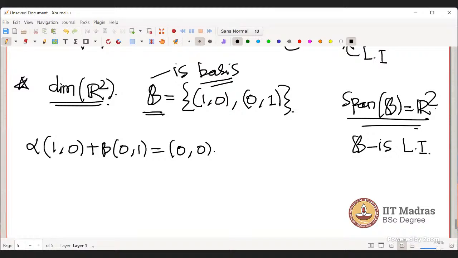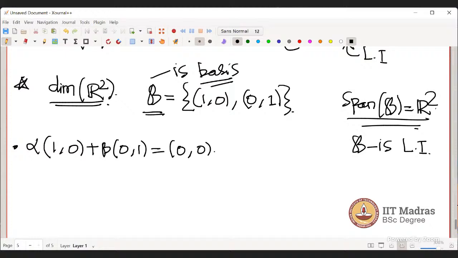Now, apart from this basis, if we take the cardinality of an arbitrary spanning set, will it be the same as the basis cardinality? No, that is not the case. So you also need another condition, that the set should be linearly independent. Okay, I'll come to that. Just let me complete this one.